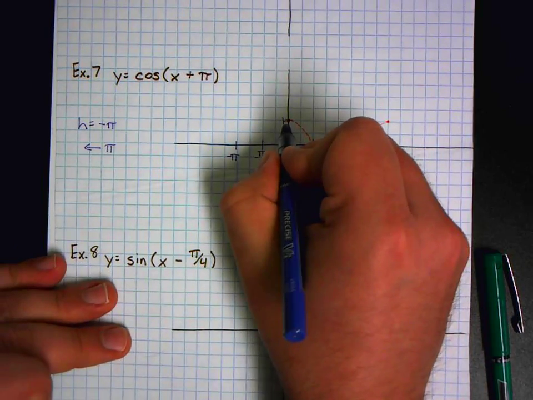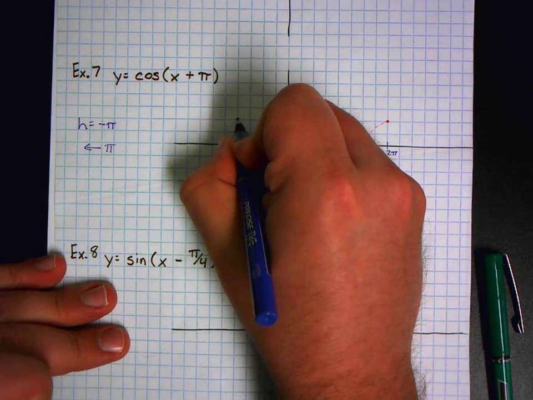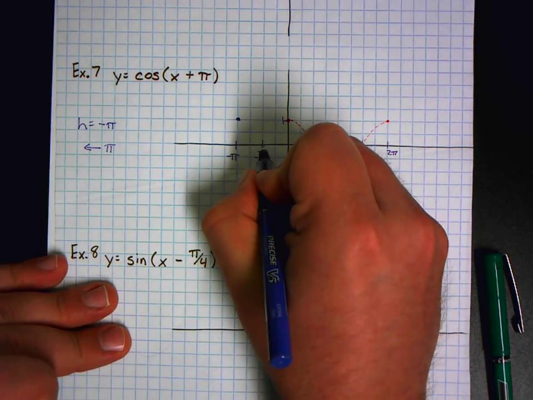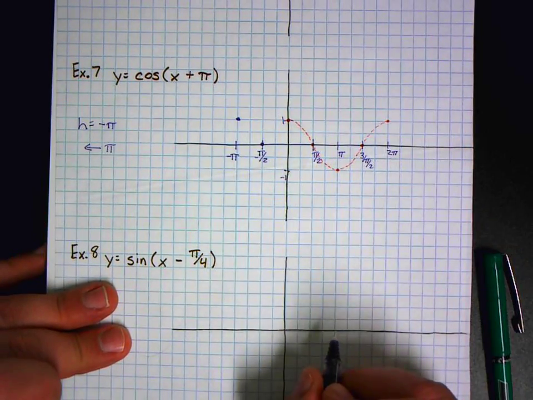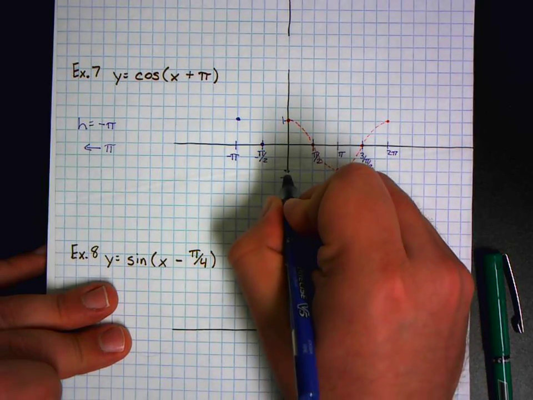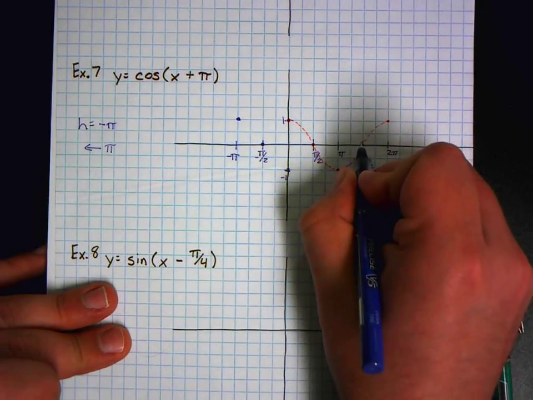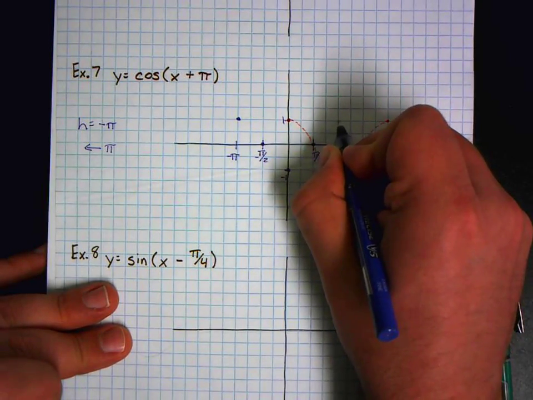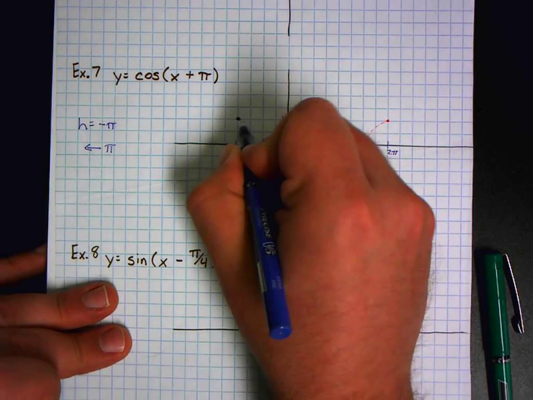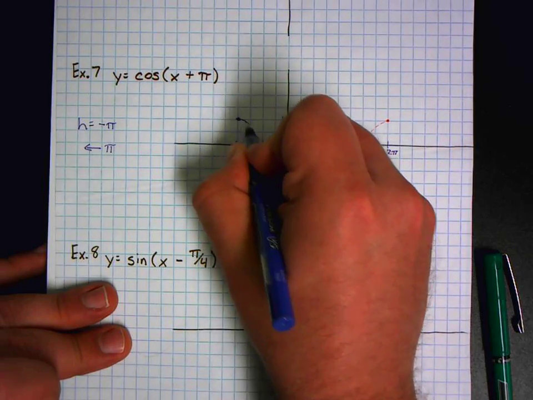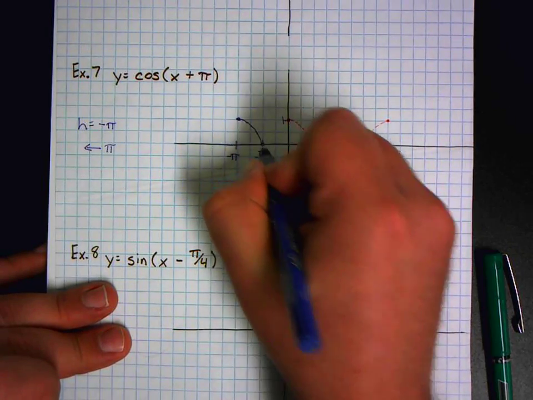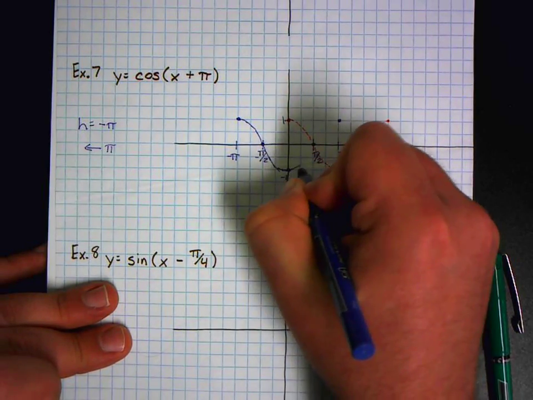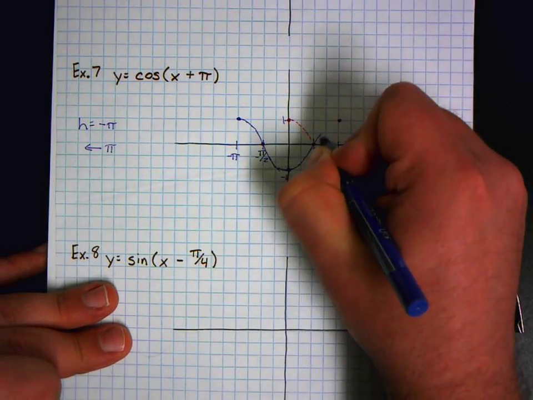This point, take it and shift it to the left pi. This point, take it and shift it to the left pi. Likewise. So there would be our shifted graph.